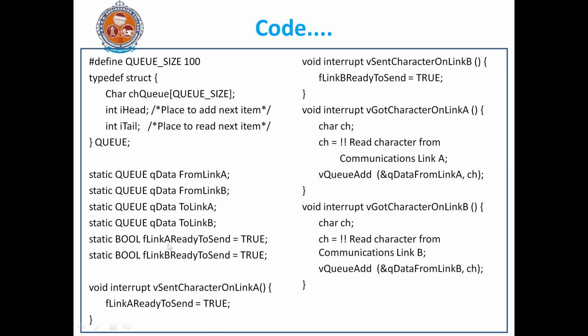Also here we have two boolean flags, that is F link A ready to send. Once a character is ready to send, it should interrupt and then send the character.